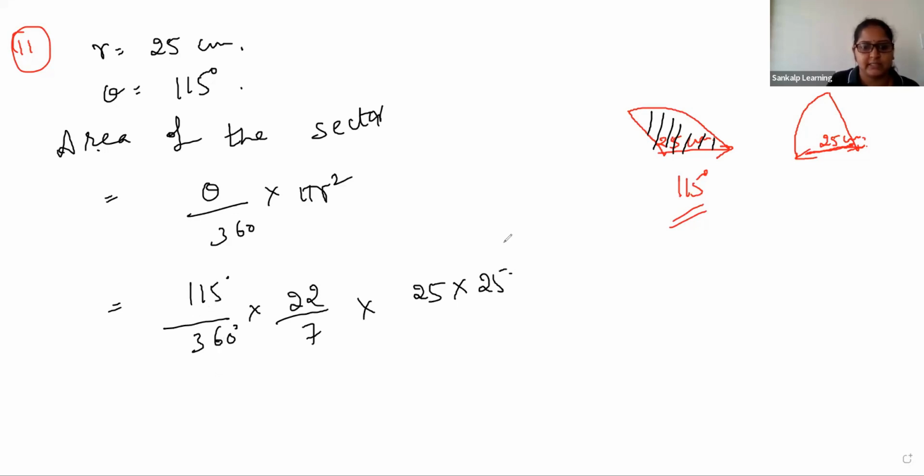So we can cancel: 5 5s are 25, 5 7s, 5 2s. Right? Next, 2 1s are 2, 2 3s are 6.